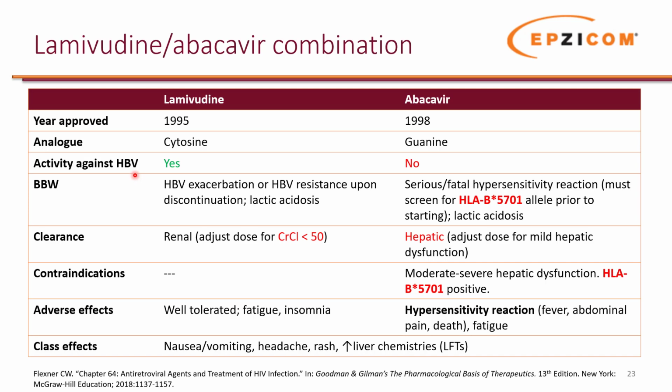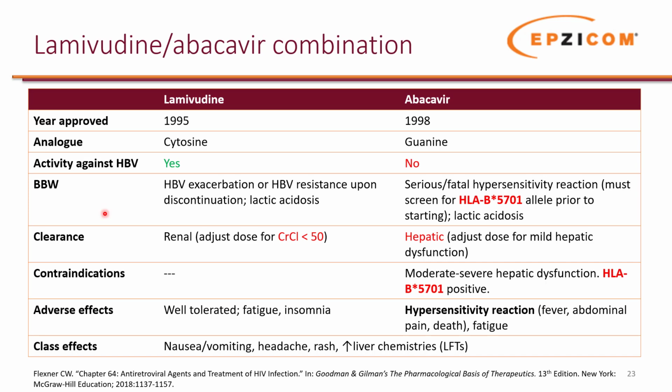Now, all of these drugs in this class of NRTIs or NUCs are analogs of nucleic acids, and that means that any RNA or DNA transcriptase or polymerase can actually use them. So especially with the older NRTIs that we no longer use, they had an affinity for human mitochondrial DNA.